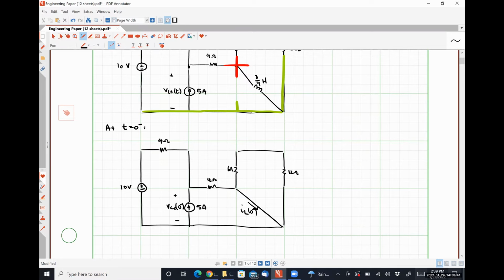All right, so how could I go about analyzing this circuit to determine both VCS at 0 minus and IL at 0 minus? Carter: So you don't have to worry about the 6 and the 12.